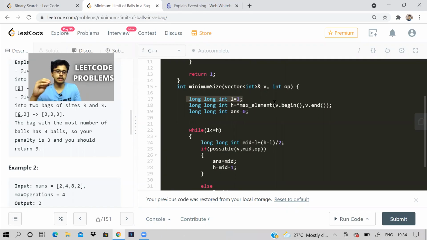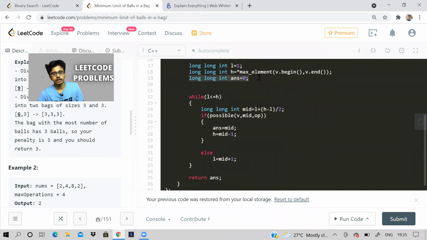Why am I doing this? Because obviously the number of balls in the bag can't exceed. We are not doing any operation which increases the number of balls. So it's okay to take H as this, whereas you can actually take H, higher limit, as any bigger number also. And we have to store the answer, we have made a variable answer.